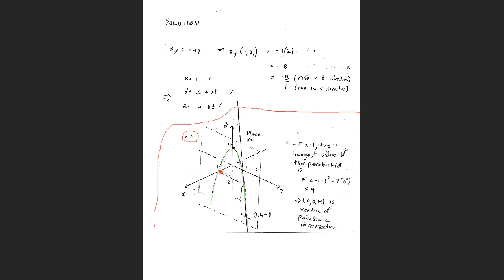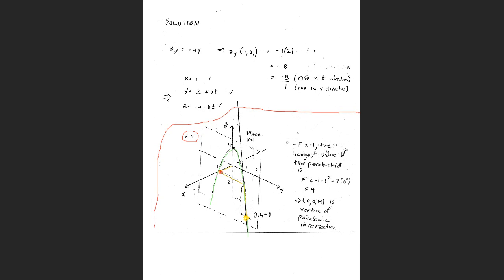And the point 1, 2, negative 4, what I did was just to give a little perspective. I moved out along the x-axis 1 unit, and then I moved in the direction of the positive y 2 units, and then I moved down 4 units, and that got me to the coordinate 1, 2, negative 4, right there.